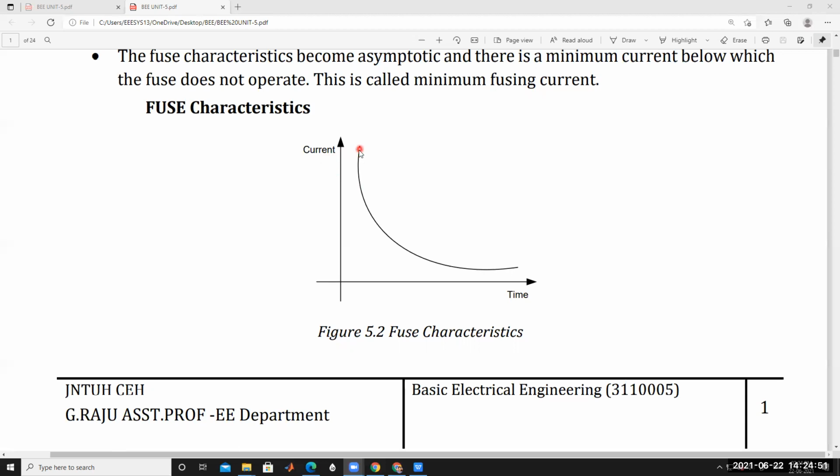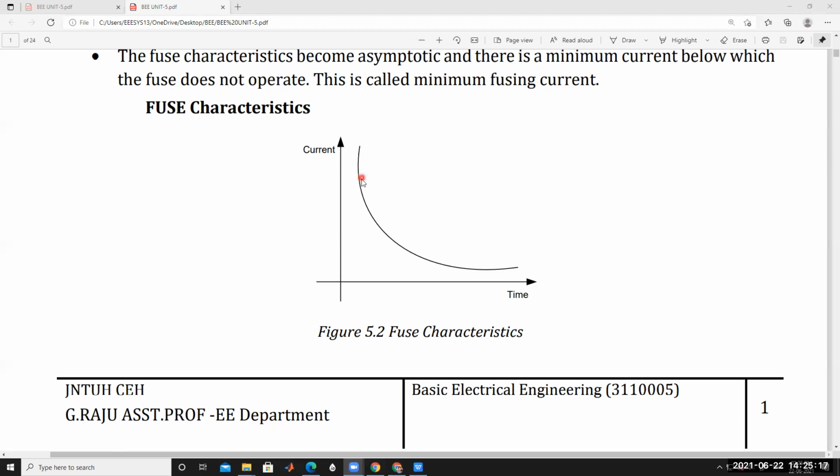Very high current is passing through the devices, your home appliances. To protect your home appliances, the operating time of the fuse must be less. Then only can the faulty system be isolated from the LT system.